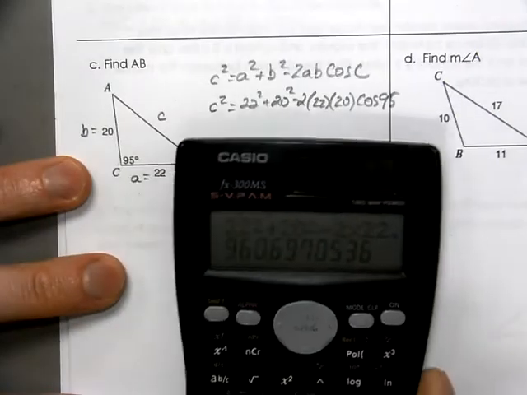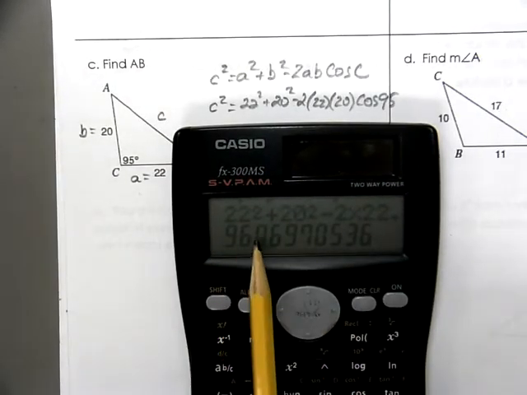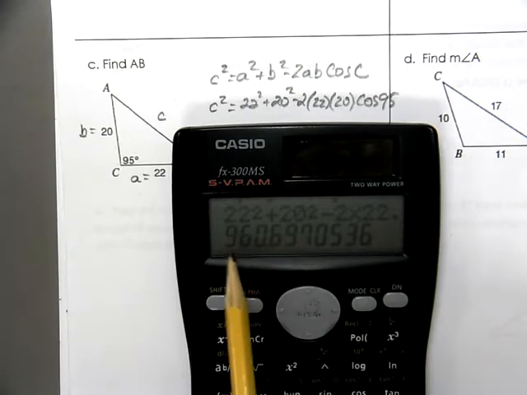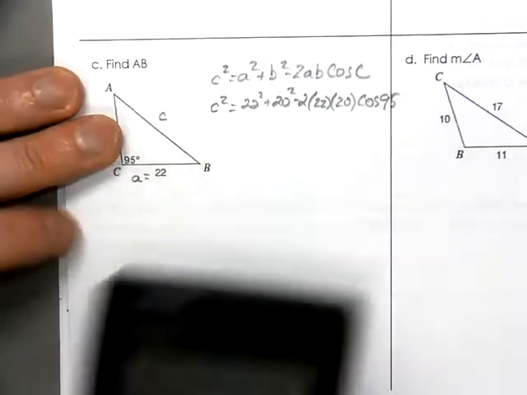Well, I take that back. When you type that in, you're actually going to come up with 960.697. So we can write that as 960.70.